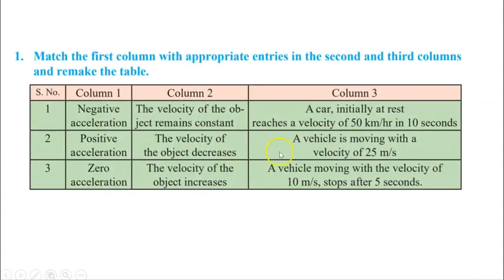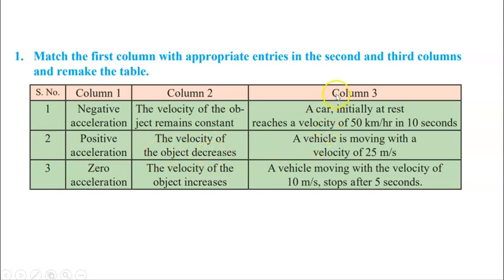Now let us start. The first is negative acceleration. Now from the second column, which is the correct? Here for the negative acceleration, the velocity of object decreases.